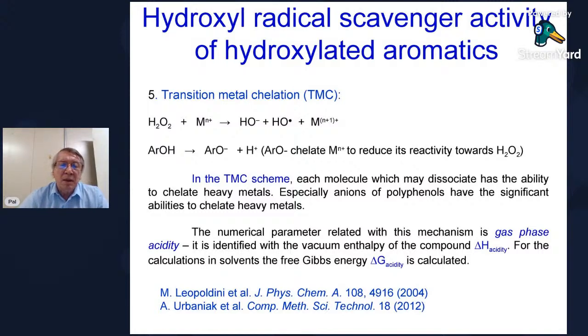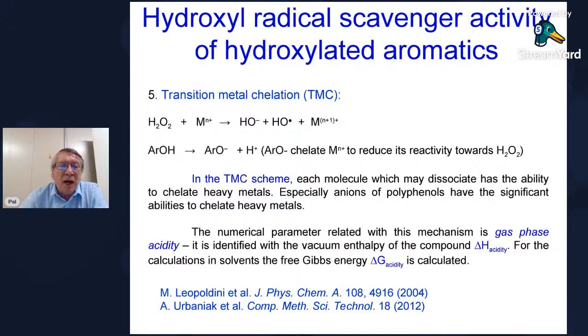To prevent this reaction, hydroxylated aromatics, typically polyhydroxylated aromatics, can form complexes with the metal ions, generally by involving the deprotonated form of them, and as a result of the chelation, the redox potential of the transition metal ions changes, and that's why the reactivity towards hydrogen peroxide is decreasing.